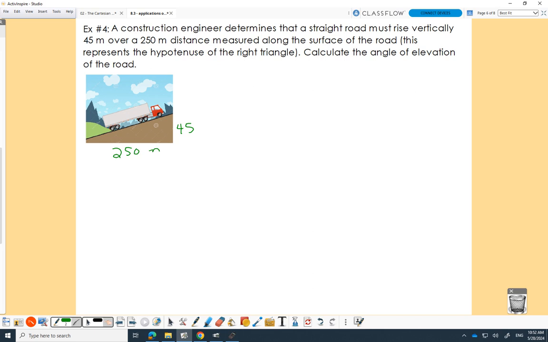Oh, measured along the surface of the road. Whoops. Yeah, over here, 250 on there, along the surface of the road. So that'd be the hypotenuse. That's the hypotenuse, good. Calculate the angle of elevation.